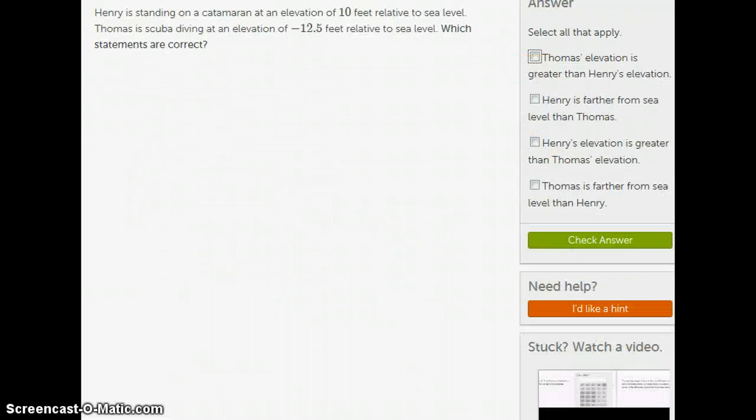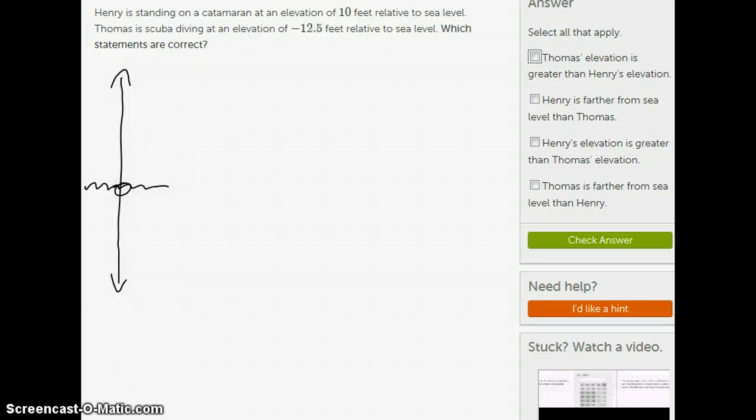This problem is referencing sea level. So when I do my number line on this one, this is going to be my sea level, which is 0. Okay, negative numbers below, positive numbers above.